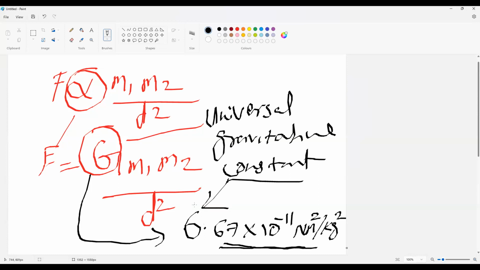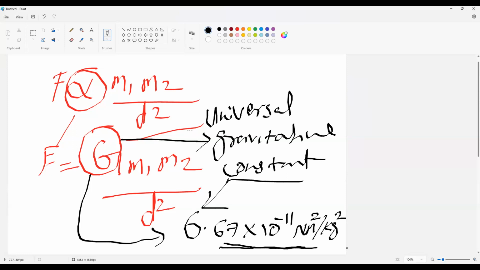So what is the value I said? This big G is the universal gravitational constant, and the value is 6.67 into 10 to the power minus 11. What is after 10 to the power minus 11?